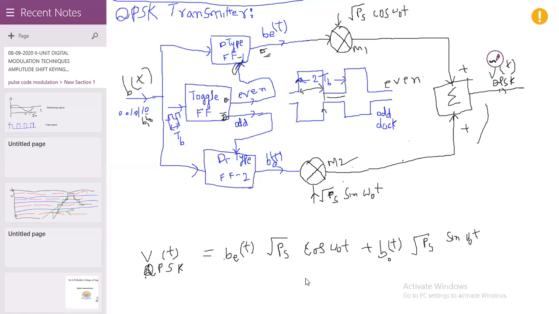Yes, ma'am. Okay. So this is an offset QPSK transmitter.